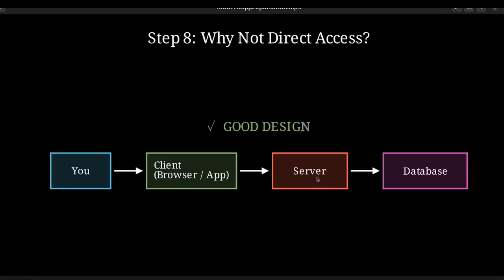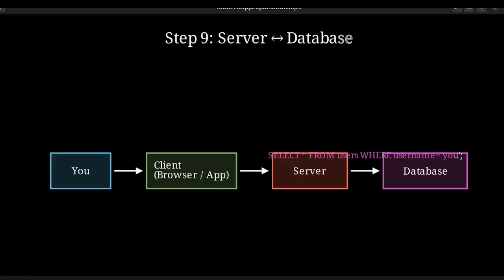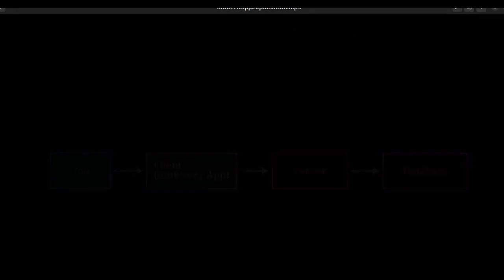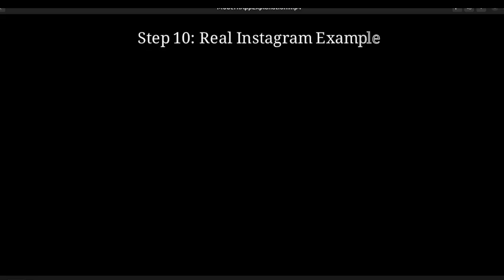And the server sends the request to the database server. How does the server talk to the database? We use SQL commands like SELECT from users WHERE username is this. This is how the server talks to the database, and then the database gives back the result.